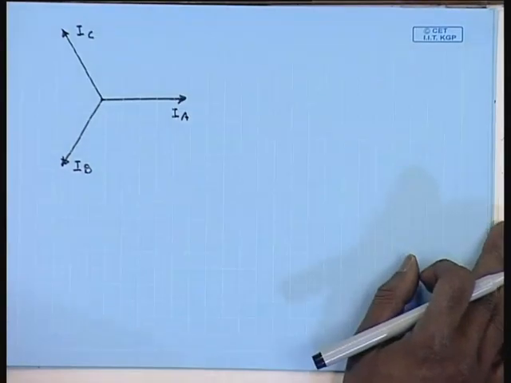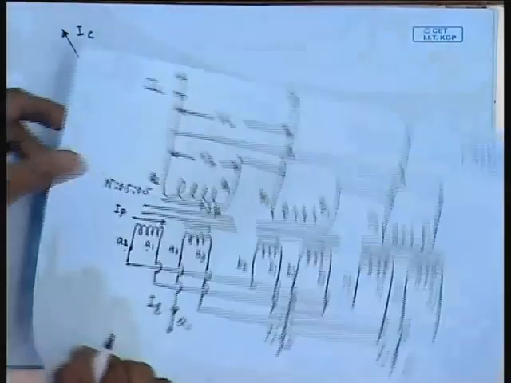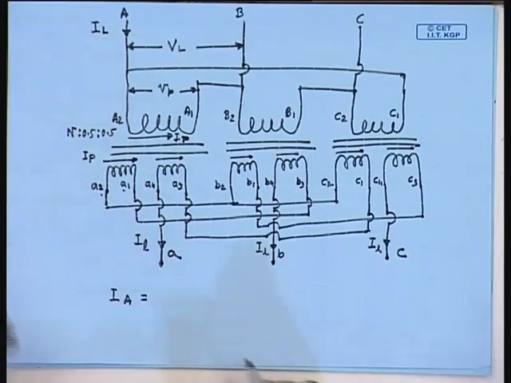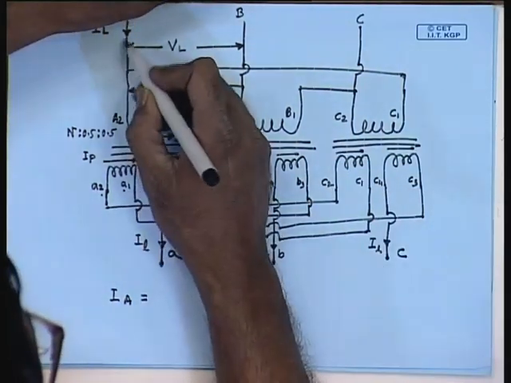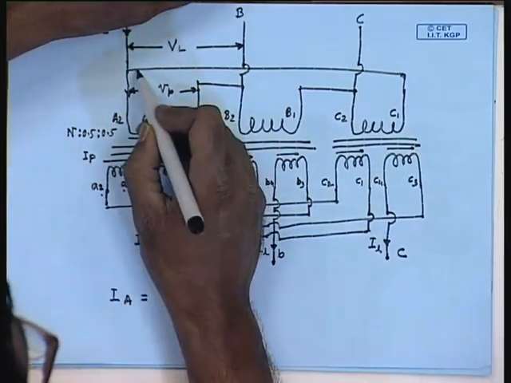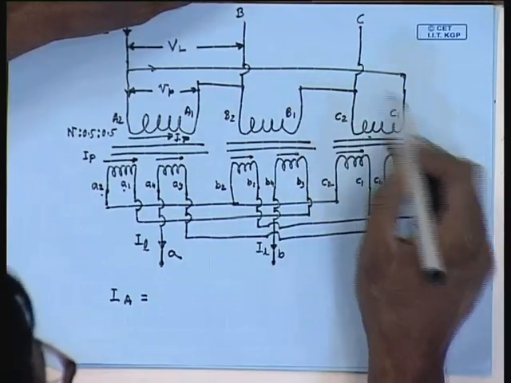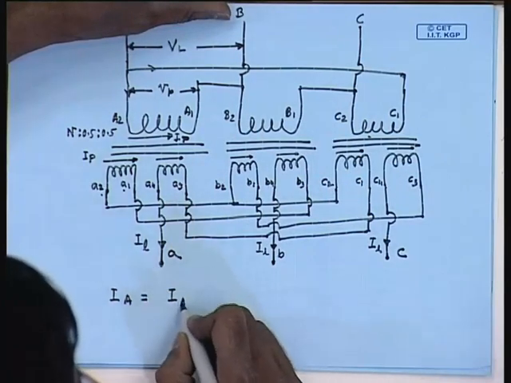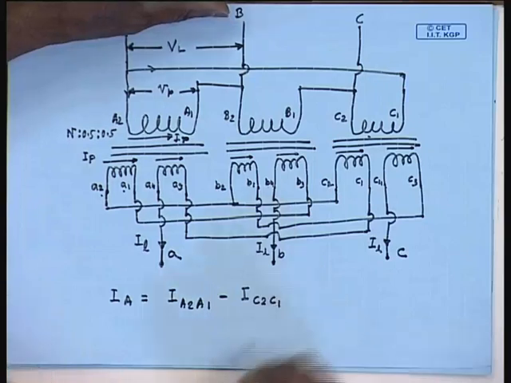From the circuit connection, we have seen that we can write from here that line current I_A equal to this current plus this current, which is minus of I_C. So, it is I_A2A1 minus I_C2C1.